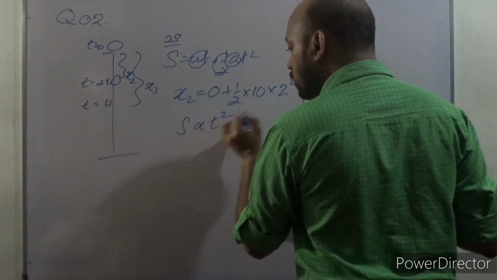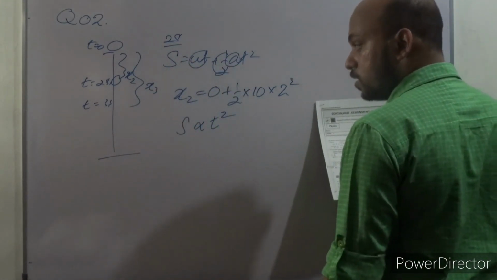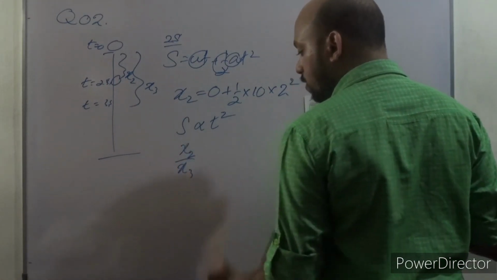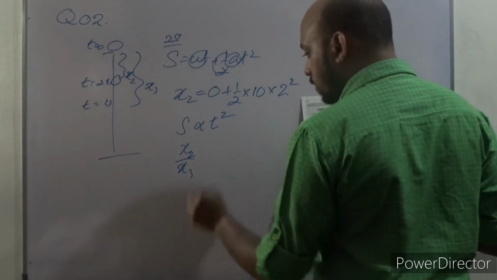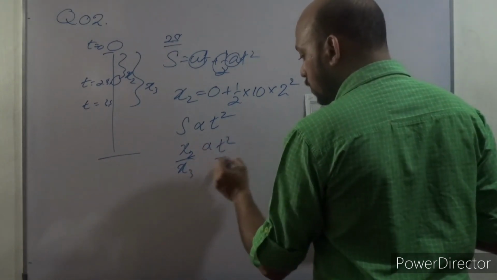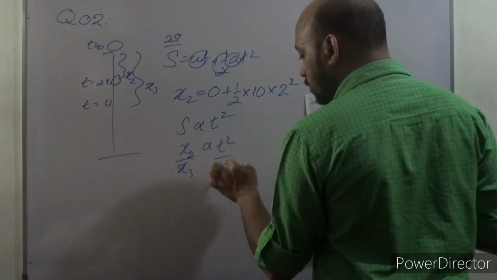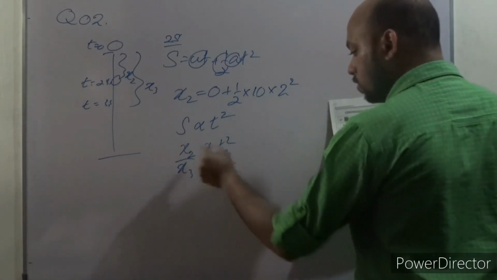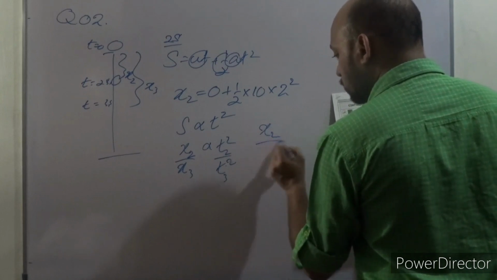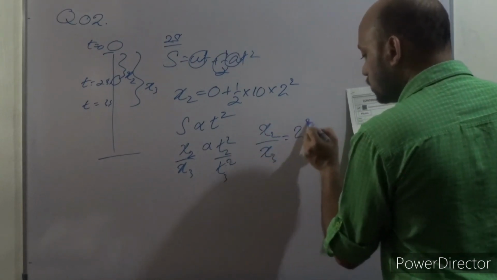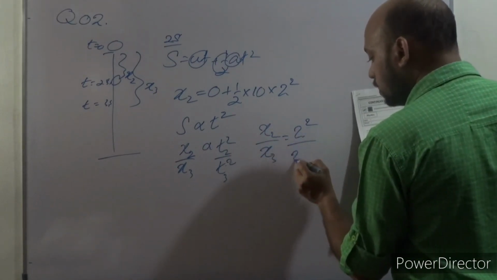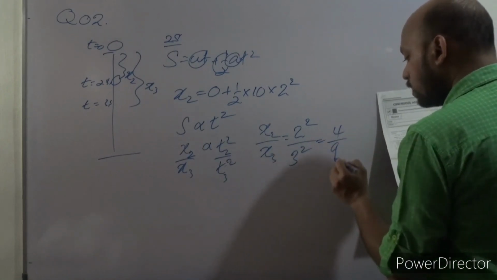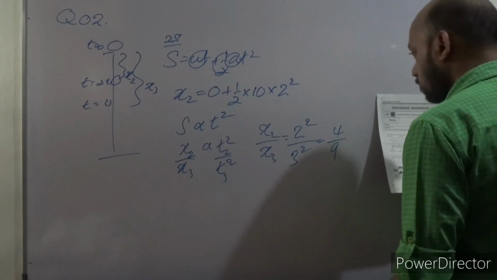Yes, it is proportional to t squared. Now it is asked about x2 over x3, which means the ratio between the times taken. Here it is the second and here the third, so it is 4 over 9.